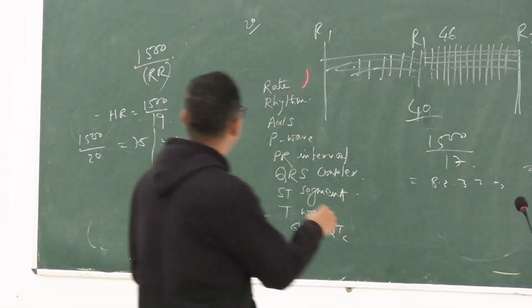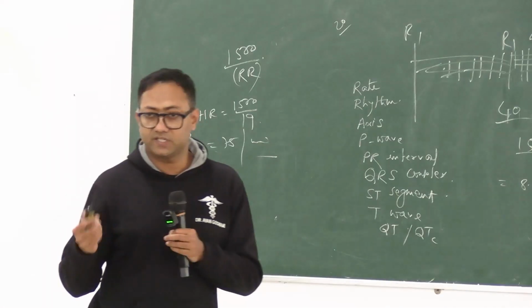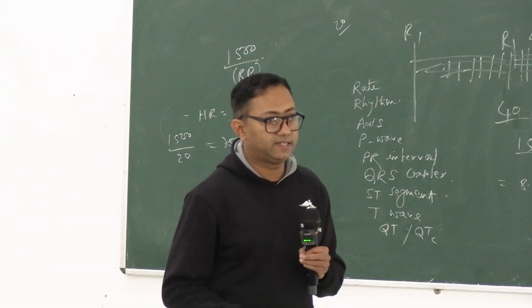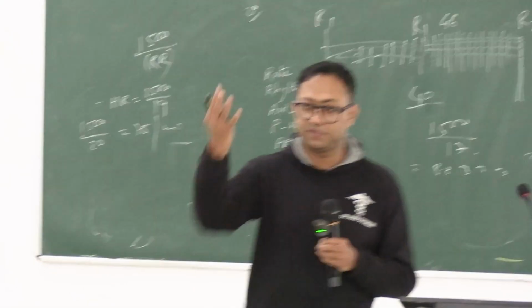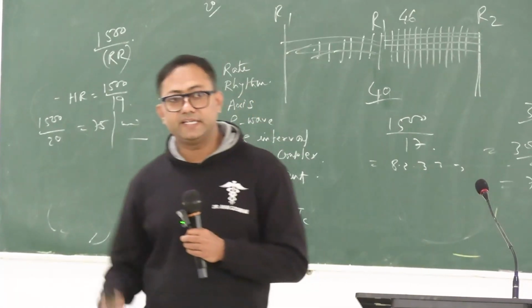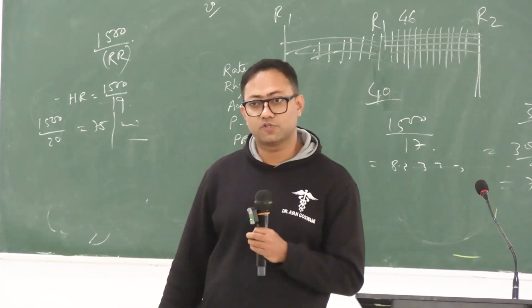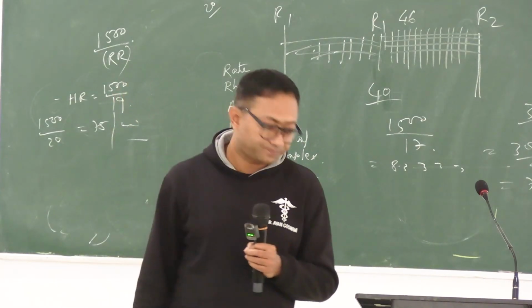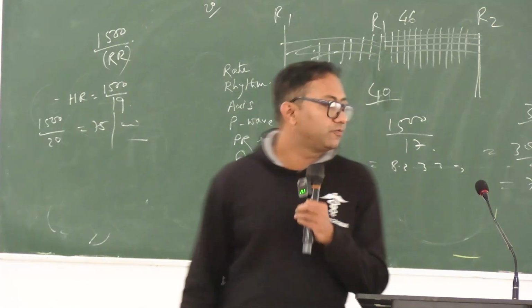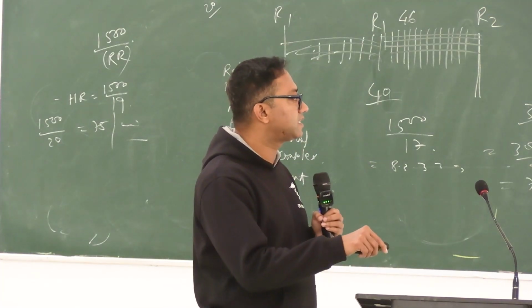So the first thing we need to see from the patient's ECG is the heart rate. You calculate heart rate simply by the formula 1500 divided by the RR interval in terms of the number of small squares, right? The next point is rhythm. How to check the rhythm? Look for the P wave, whether the P wave is present or not.